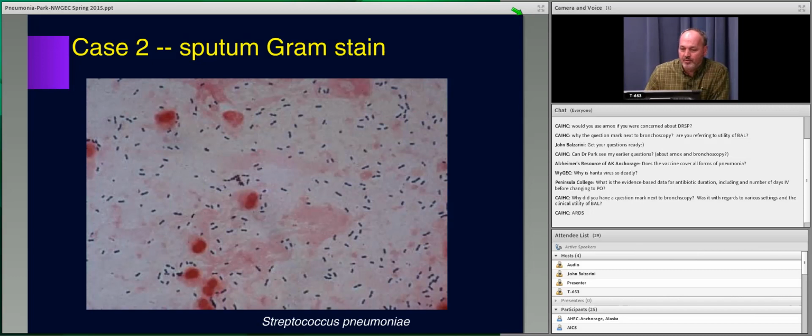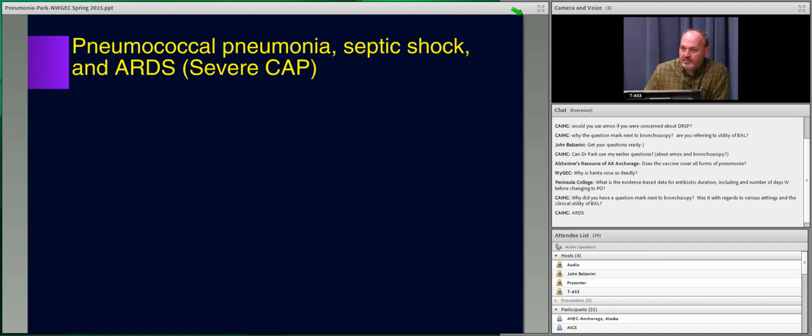And here's her sputum gram stain. I didn't talk a lot about gram stains, but they're sprinkled through these cases. These are lancet-shaped gram-positive diplococci, and you can see some of them have a nice capsule around them. So this is Streptococcus pneumoniae.